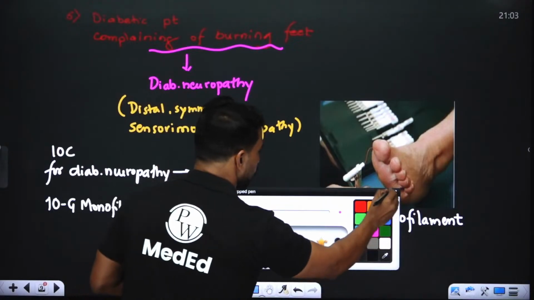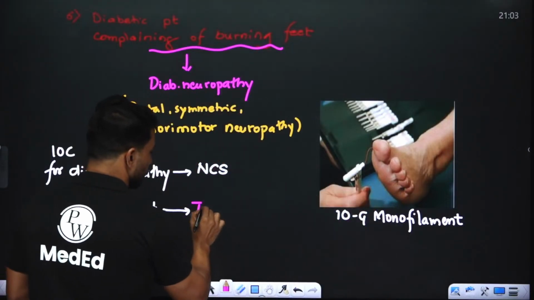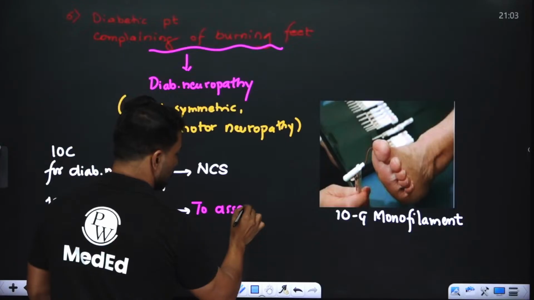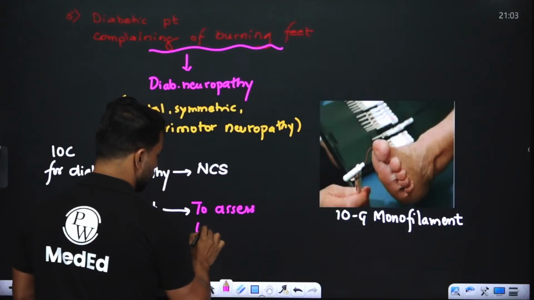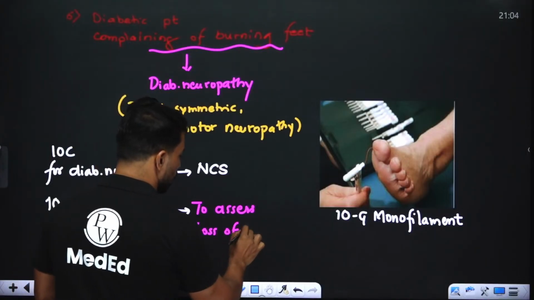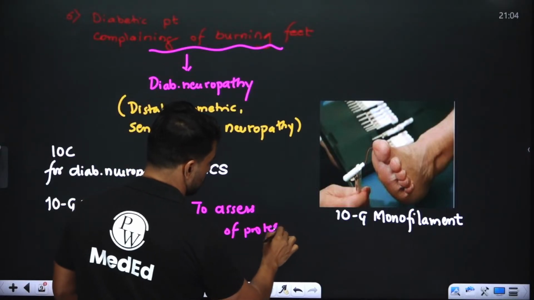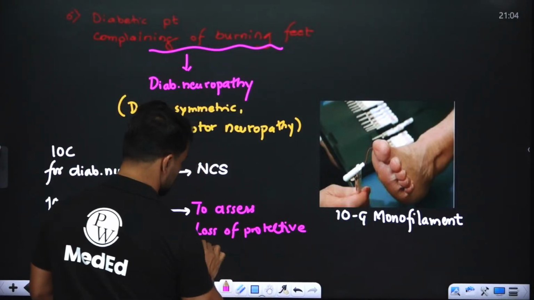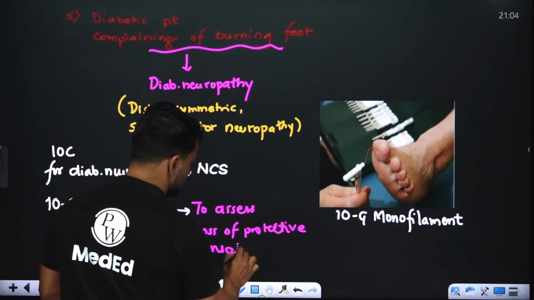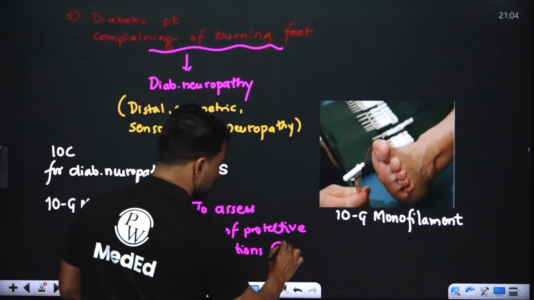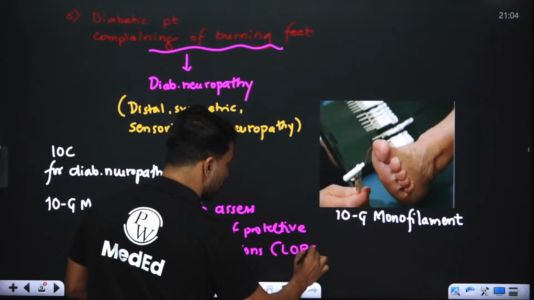So if they ask you for what purpose it is used, it is to assess loss of protective sensation.